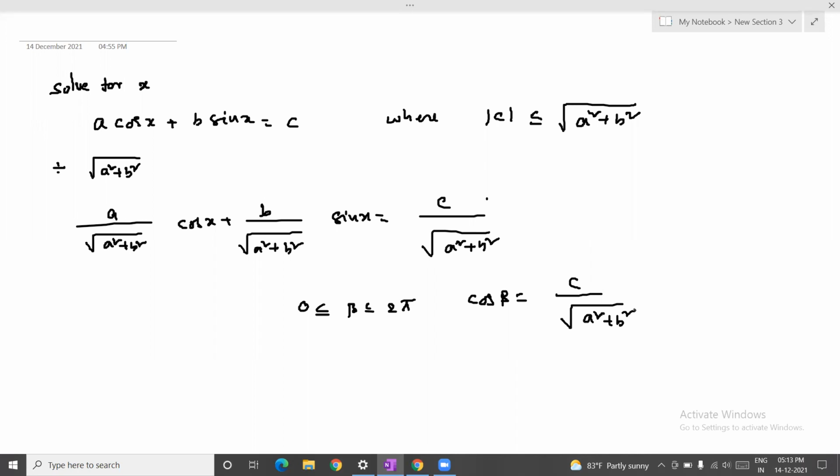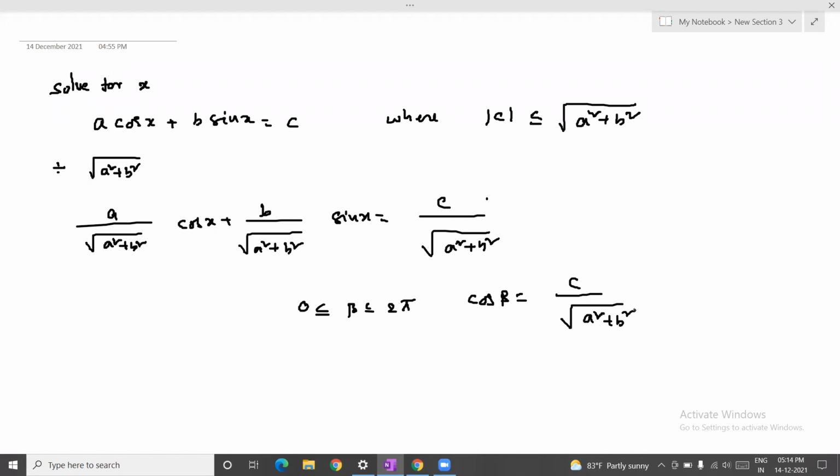Suppose A is some number, B is some number, C is some number, such that the C value is less than root of A square plus B square. So I'm making a fraction, C over root of A square plus B square. It says the numerator is less than the denominator. What does that mean? The whole value is less than 1.